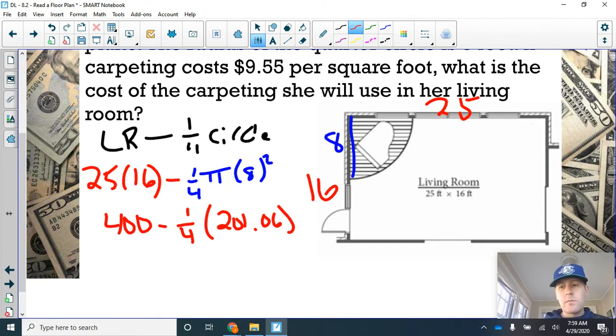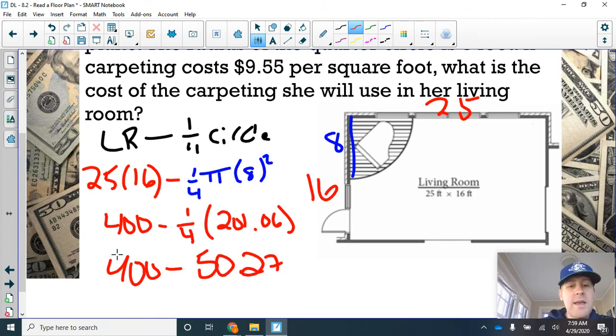If you have your phone calculator, there is a pi button that you can use. If not, you can always just use 3.14 to represent pi. Then 1/4 times the area of our circle gives us 50.27.